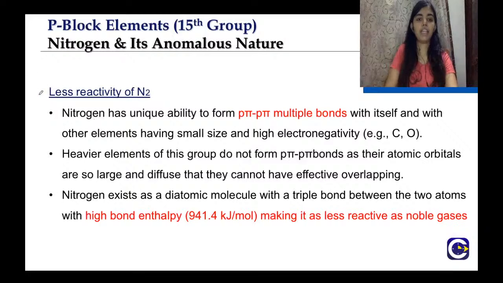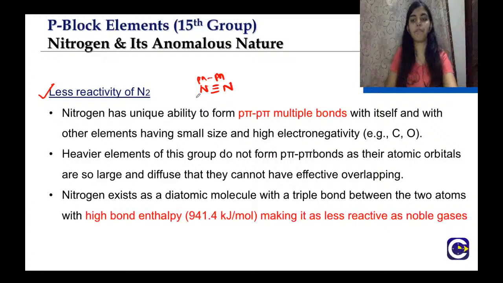Now, the less reactivity of N2 gas. See, N2 gas has a unique ability to form p-pi multiple bonds. That we already know, N2 has a triple bond between the two nitrogens. And with other elements also, nitrogen forms C triple bond N, right? Or isocyanide, NC, is also there.